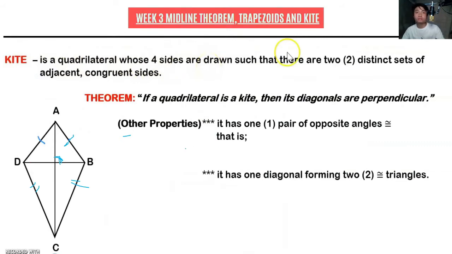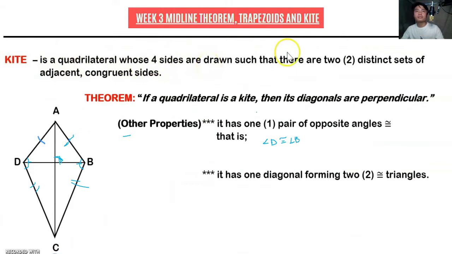So, kitang-kita naman, that is angle D and angle B. So, titingnan nyo lang lagi yan. So, it has one pair of opposite angles. So, that is angle D, is congruent to what? To angle B.